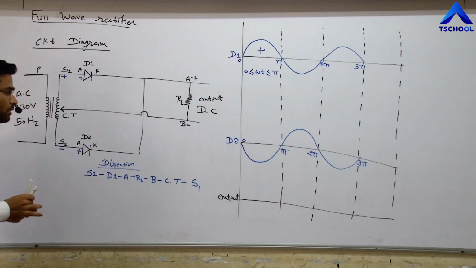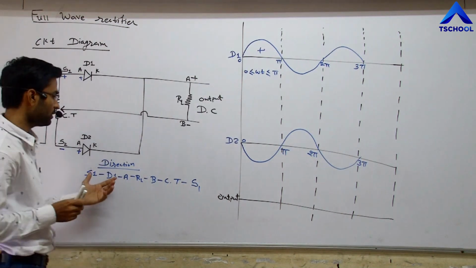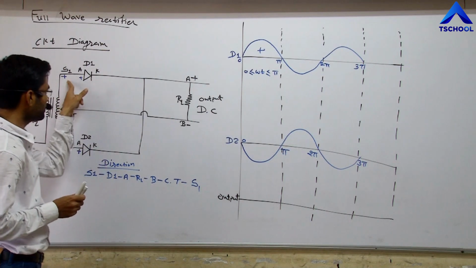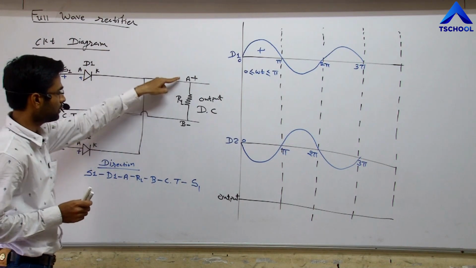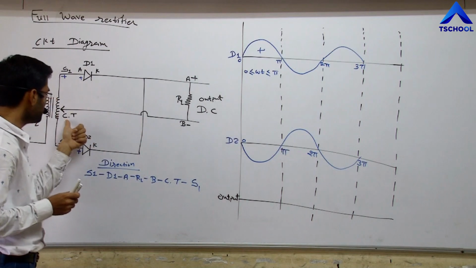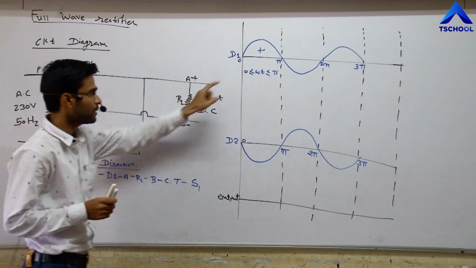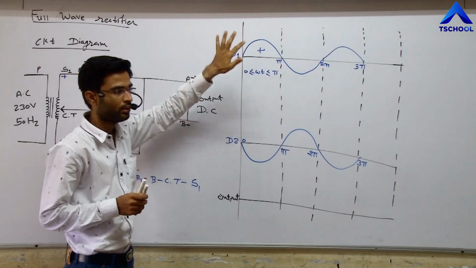The direction of flow of current is from S1 to D1, A, RL, B, CT during the first positive half cycle.